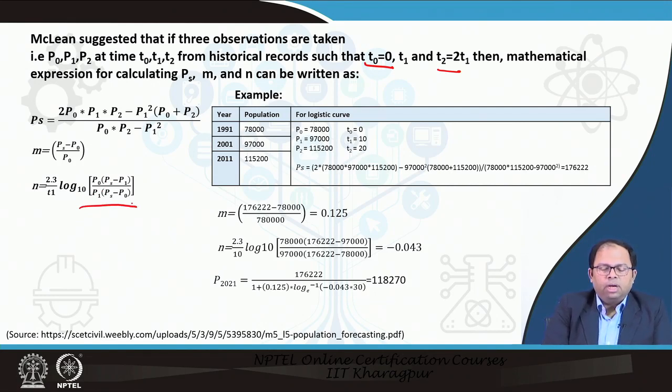So, using this formula for this particular example, we have population in 3 time periods. P0 is 78,000, that is time period 0. Then P1 is 97,000, which is time period 10, and P2 is 1,15,000, which is time period T2, which is 20.